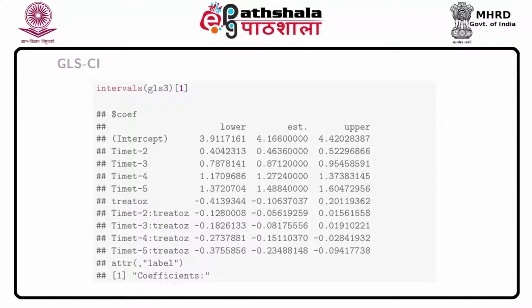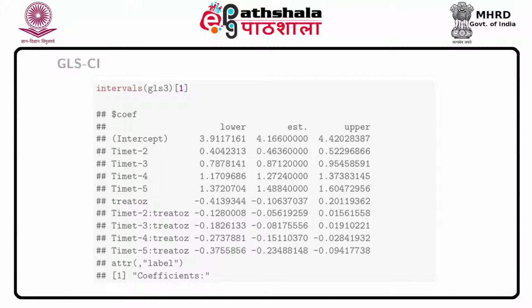And to find the confidence intervals for the coefficients, we can use the intervals command. Now these are functions from NLME, which are general multipurpose functions. If we use the intervals command, it gives the first set of coefficients.